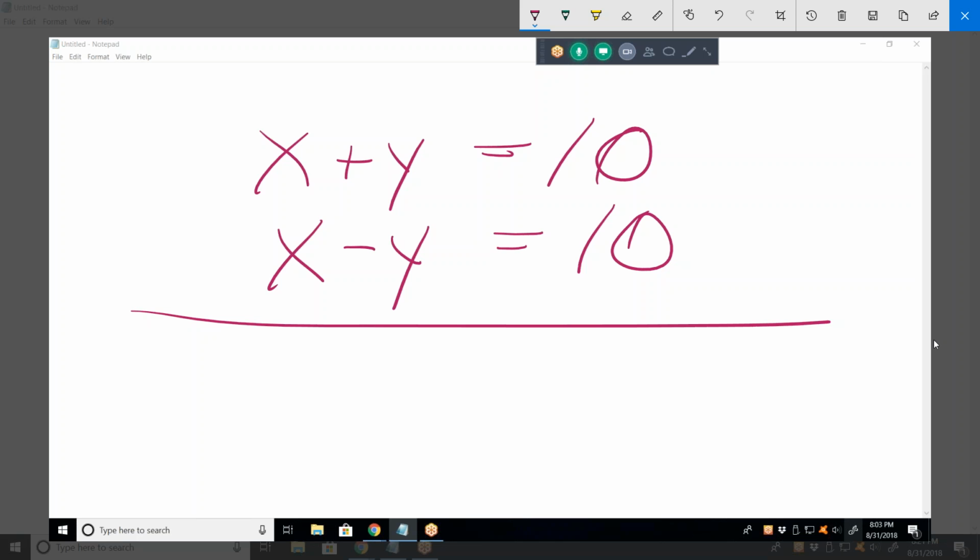And are you going to add or subtract the equations? Okay. Add those two equations, what do you get? No, you got to add both sides. In other words, if I'm going to add the left side, I got to add the right side. I cannot add just the left side.